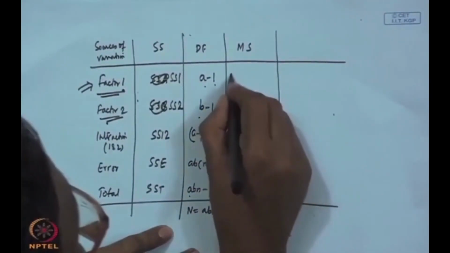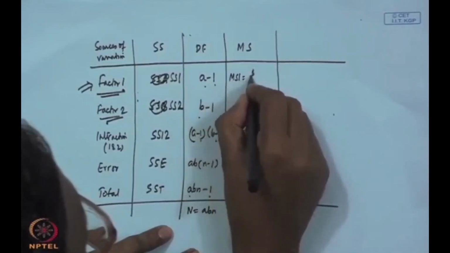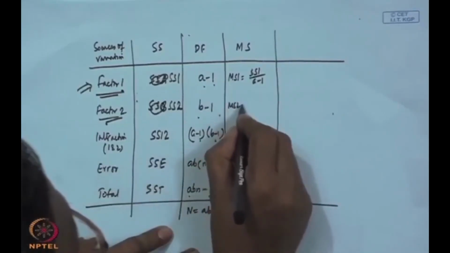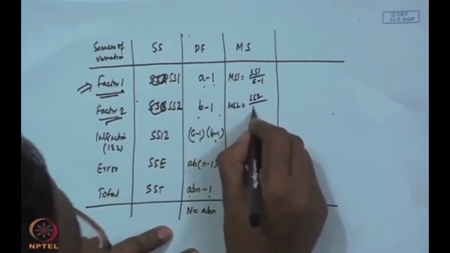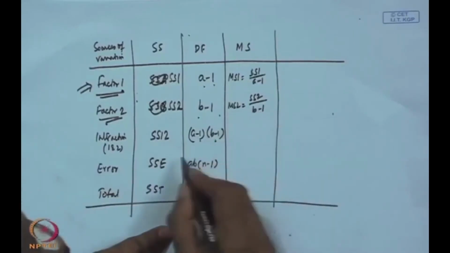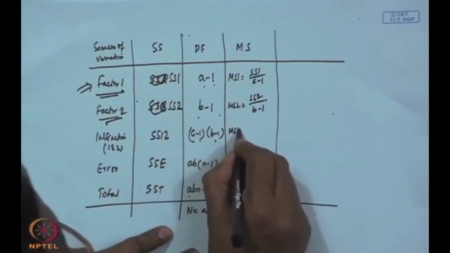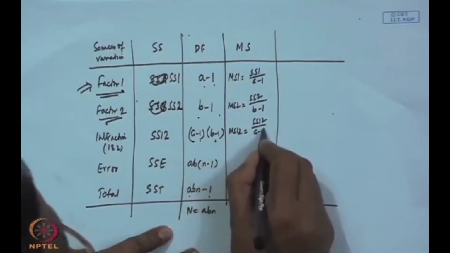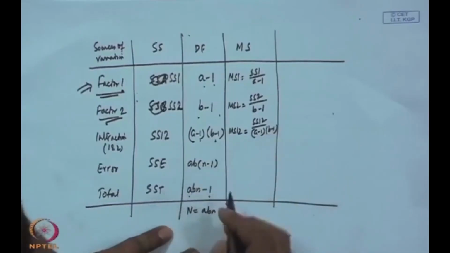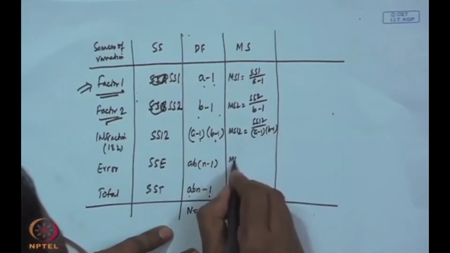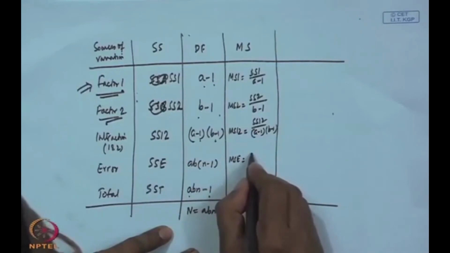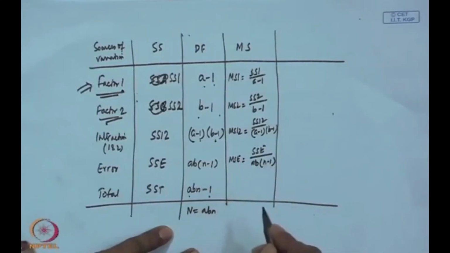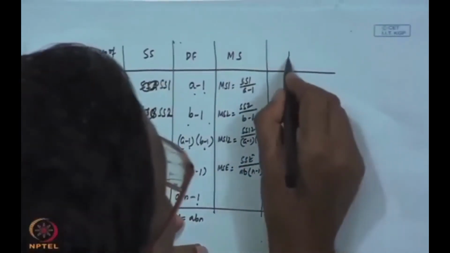MS1 will be SS1 by A minus 1, MS2 will be SS2 by B minus 1, then MS12, that is interaction, which is SS12 by (A minus 1)(B minus 1), then your MSE will be SSE by AB(n minus 1). Then you find out F.